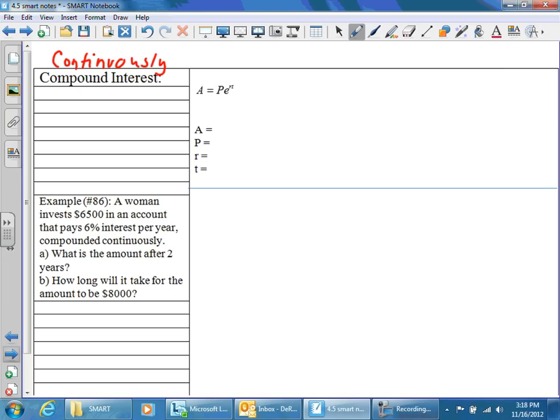So let's visit continuously compounded interest. We had this formula before. Let's do a little bit more with it. So A is going to be the amount total after T years.